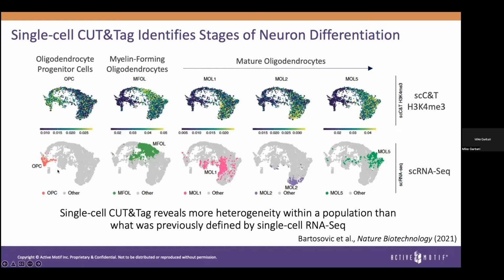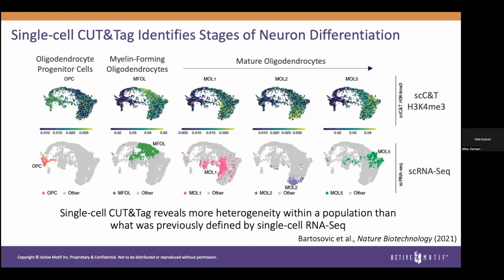So for example, on the left, where oligodendrocyte progenitor cells are called out as this orange population, we can see the heterogeneity of those H3K4 trimethyl loci in the cut and tag experiment. So what this shows is that single-cell cut and tag reveals even more heterogeneity within a population than what was previously defined by single-cell RNA-seq.